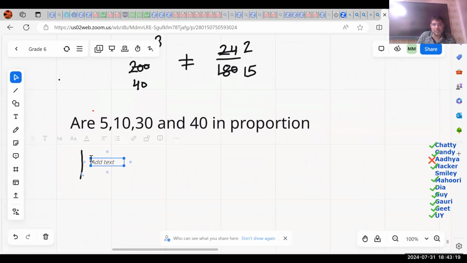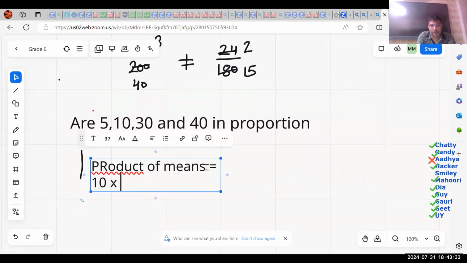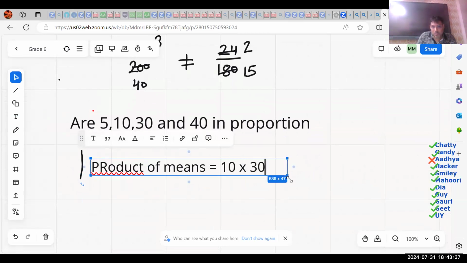So what's my answer? Product of means is 10 multiplied by 30, which is equal to 300.